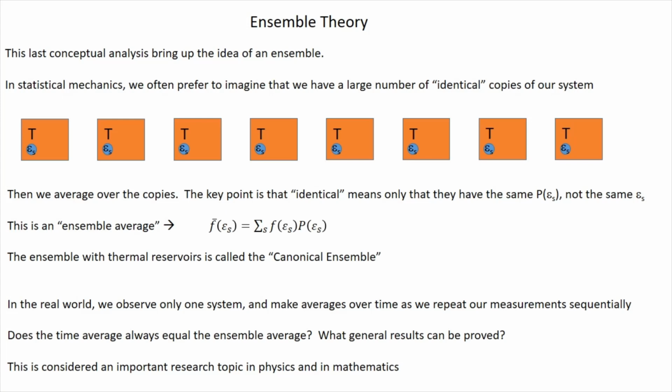This is an important research topic. It's both a physics topic and a mathematics topic, surprisingly. And very little is known generally, though of course as physicists we're pretty sure that this is true in many, many cases. I think it's interesting to try to figure out cases where it's not true and understand why.